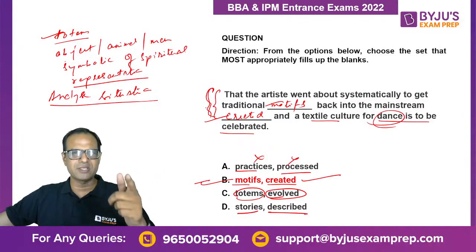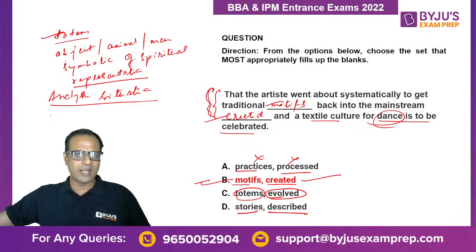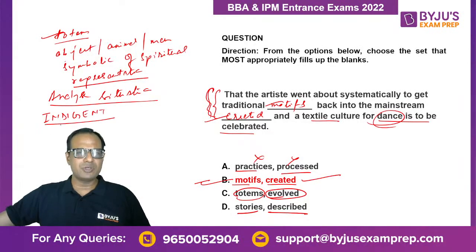For example, if I ask you a question, the question goes like this: what is indigent? And you have to guess the synonym of indigent, and your options are A, poor, B, rich, C, illiterate, and D, healthy.